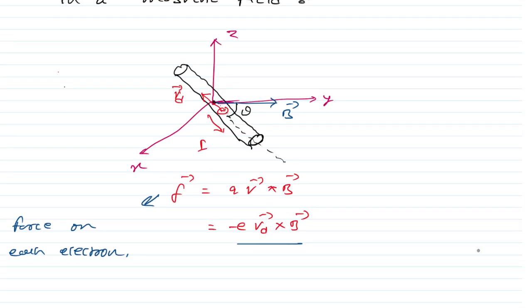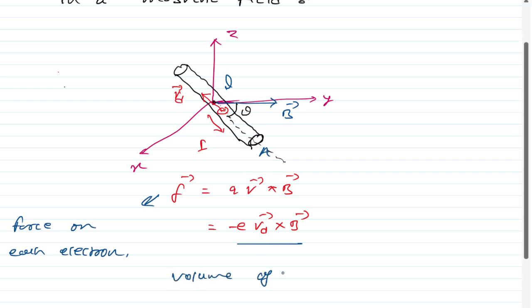Now if L is the length of the conductor and A is the area of cross section, then volume of conductor will be area into length.